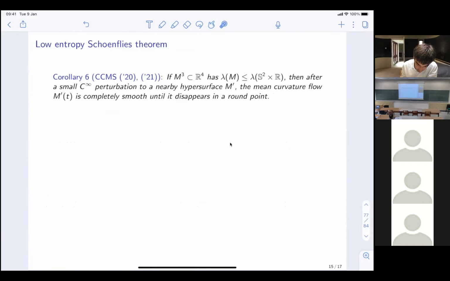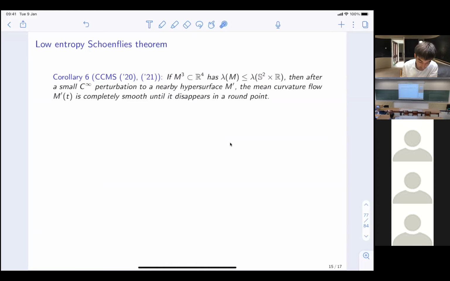So what we can prove is our result. First, let's state this consequence here. If we have a three-dimensional hypersurface in R4, and we have entropy below the first step, the first one would be S3, then S2 cross R, then we can prove the following. There is no gap theorem known in R4.